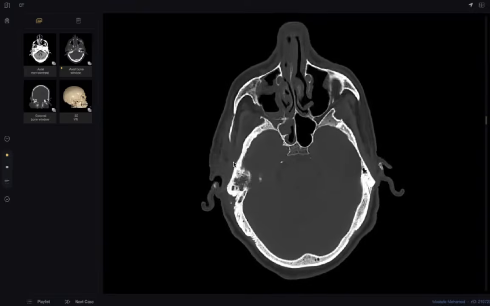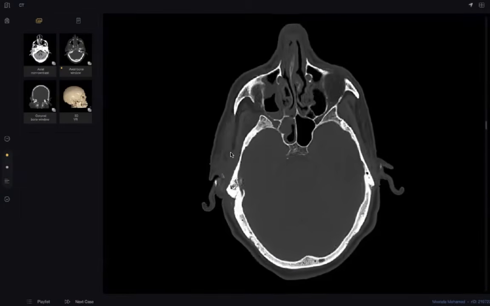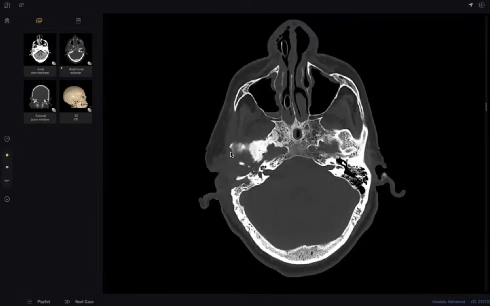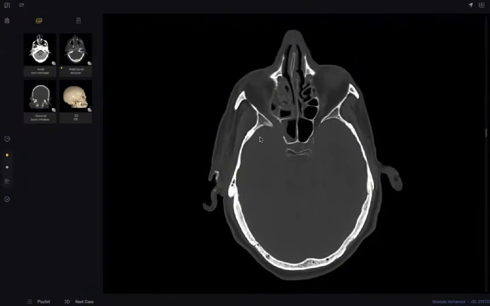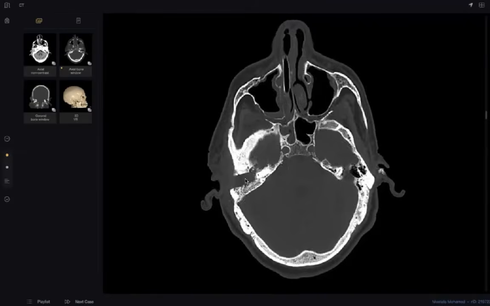What is the name of this bone? This is the petrous bone. This is the squamous part of the temporal bone. This one, I think, is part of the sphenoid bone.